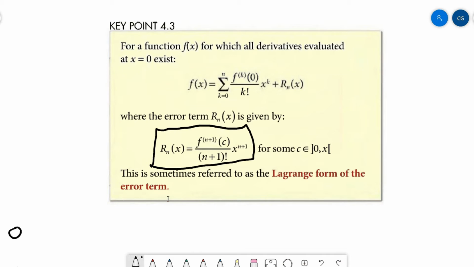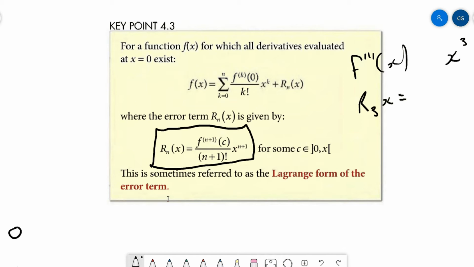Now in our working out for the approximate value, we have found up until the third derivative of f, which gave us up until x cubed. And what you will notice here is, for this error term Rn of x, this n means that for our error term, in this case R3 of x, we want to find the derivative of order n plus 1.